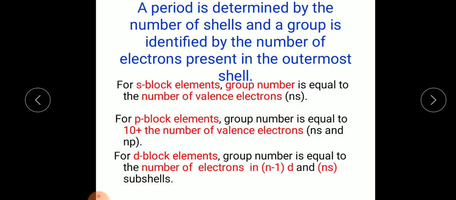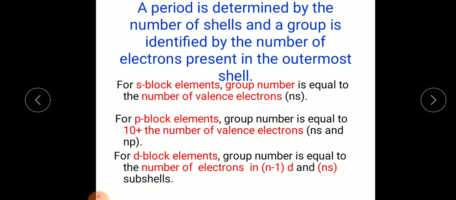Similarly, for P block elements, the group number is equal to 10 plus the number of valence electrons. That means when you write the electronic configuration, it can come like this: 3s2 3p4. In that you need to total the number of valence electrons and add 10. We'll see with an example that will make it clearer.